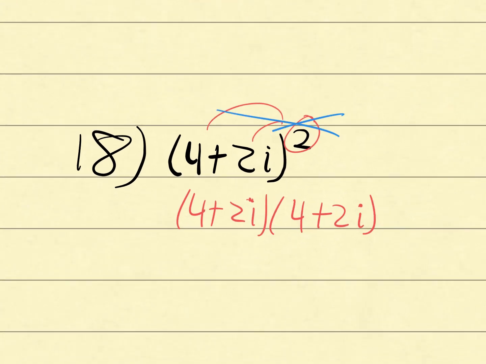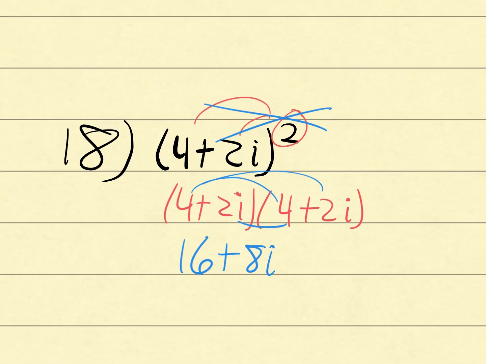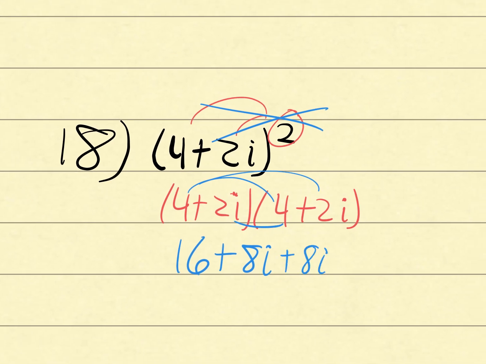And then you do 4 times 4, you get 16. 4 times 2i is 8i. 2i times 4 is another 8i. And 2i times 2i is 4i squared.